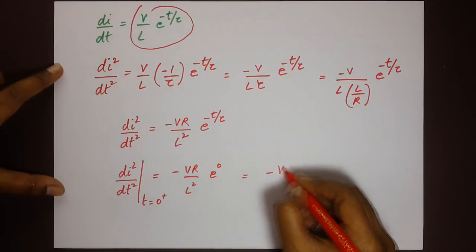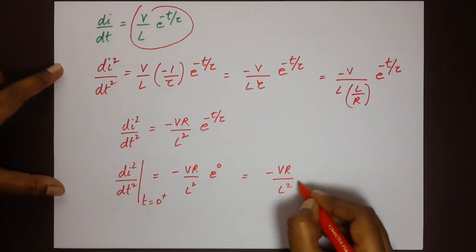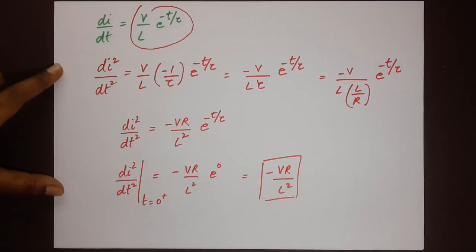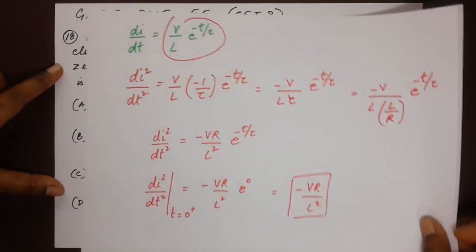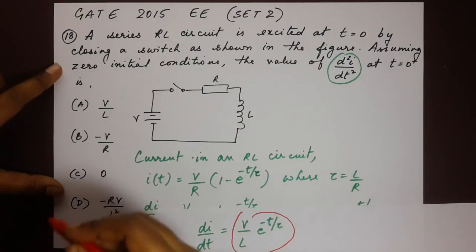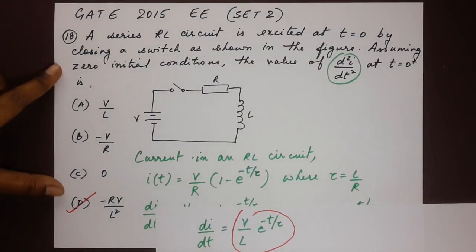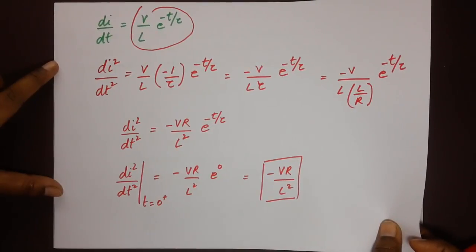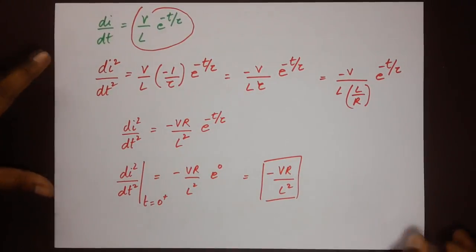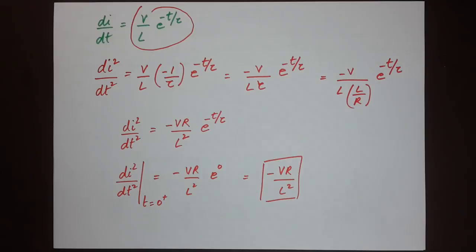That gives us minus VR by L square. So this is our expression for di square by dt square. And it matches option D. This is the entire solution, and I hope it has helped.